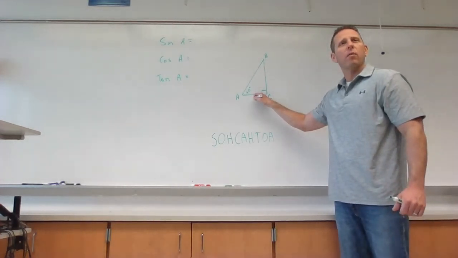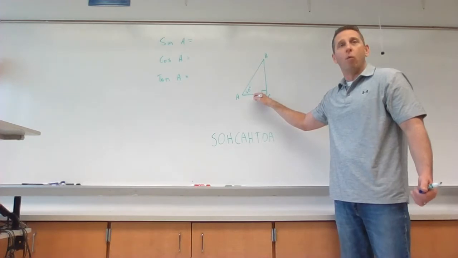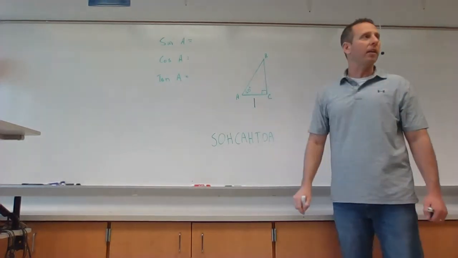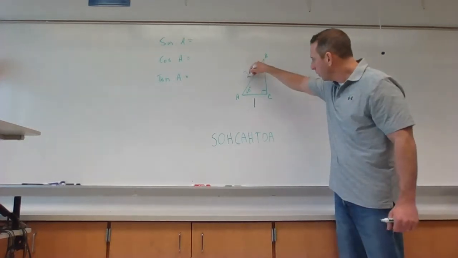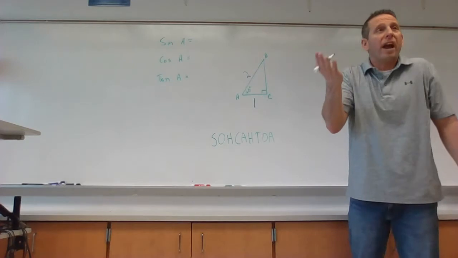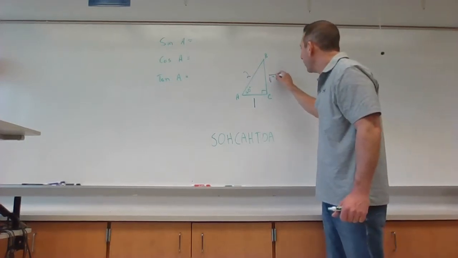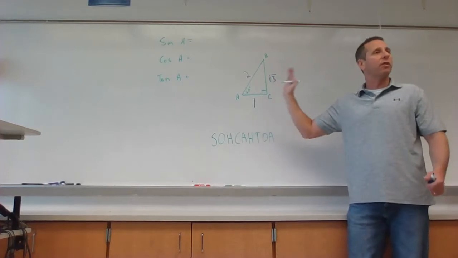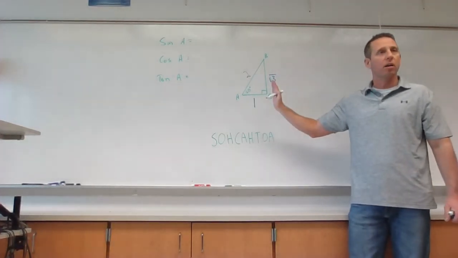How about 1? If that's 1, what's the hypotenuse? 2. What's this? Rad 3. This is what we learned last unit, what the ratios of the sides of a 30, 60, 90 triangle are.